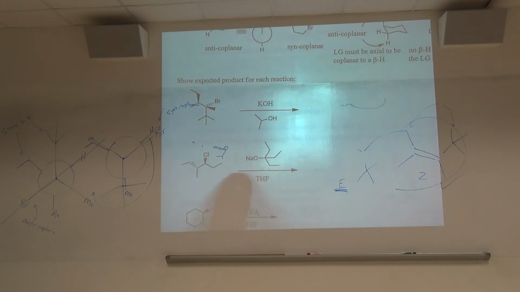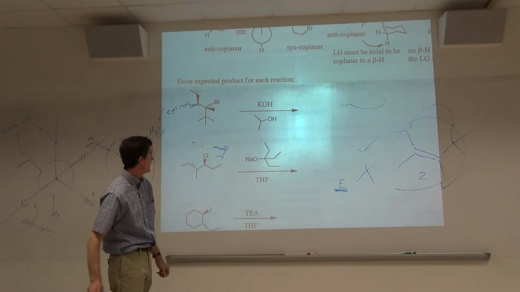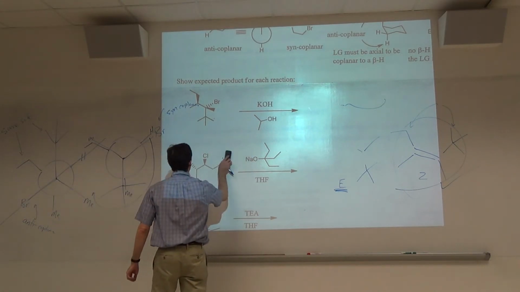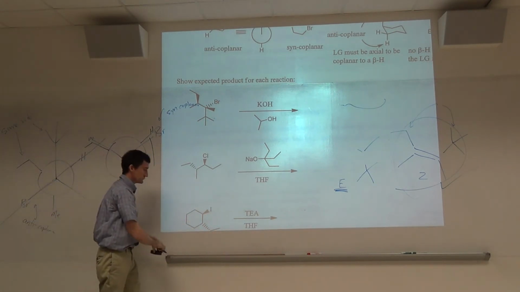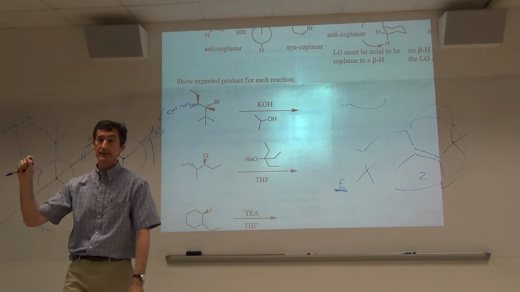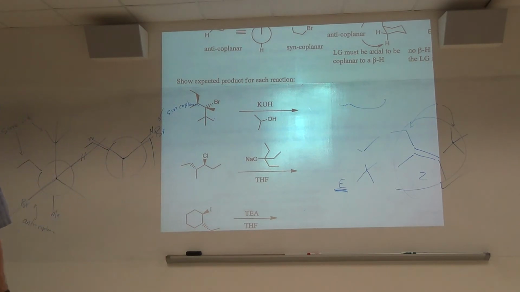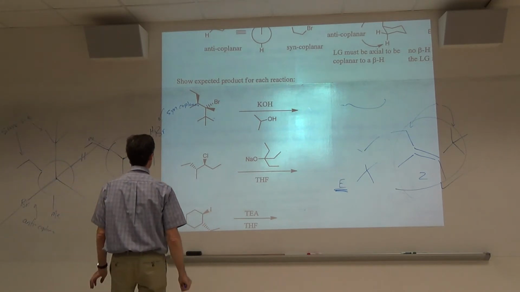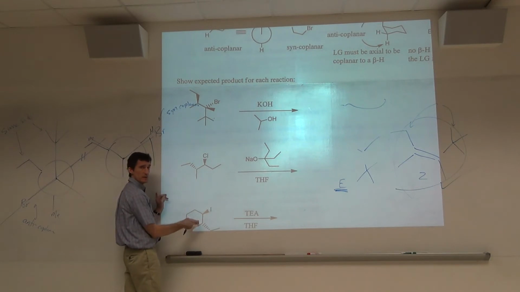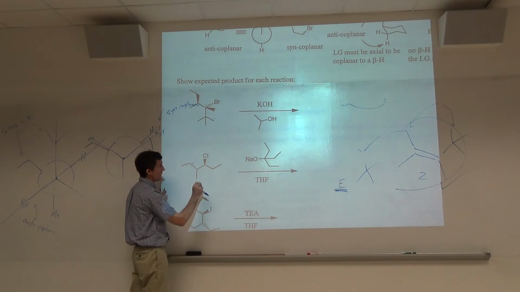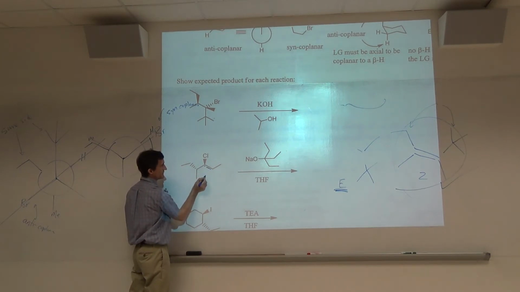Do the second one. What's going to be the major problem? Let me give you sort of a little hint. Hint to remember. Unless you're dealing with rings, this is a non-ring or acyclic. Cyclic, acyclic. We can put the double bond in over there or here.